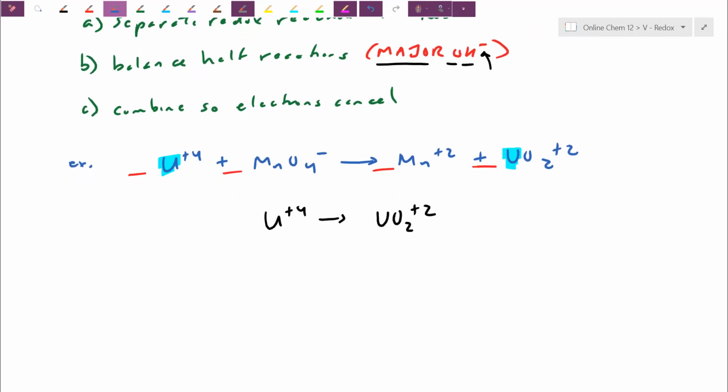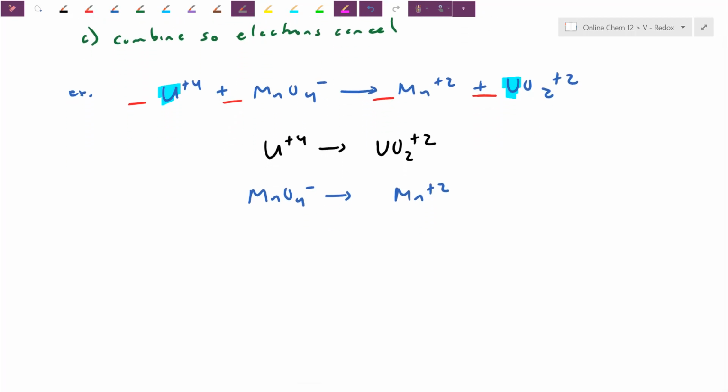How about this permanganate here? The permanganate reacts to produce manganese plus 2 here. That's probably a half reaction. The manganese probably goes to the other thing that has manganese. That's the first step. I've broken up the two half equations. I'm assuming if this is redox, one of these is going to involve a loss of electrons, oxidized. One of these is actually going to have gained electrons. Okay. How do we do this balancing here? I'll give you a few sort of middle steps here.